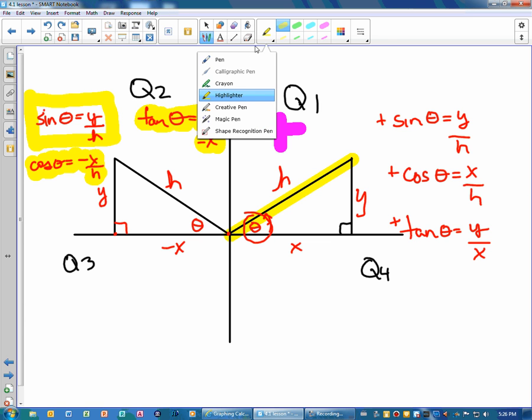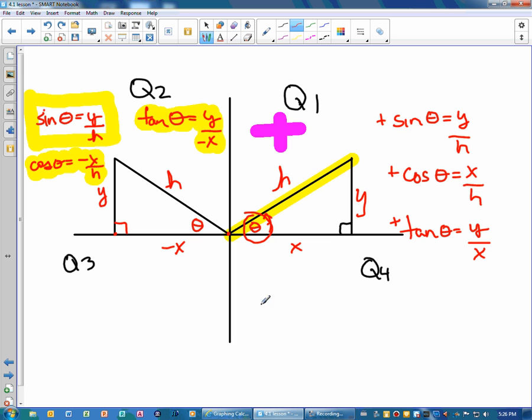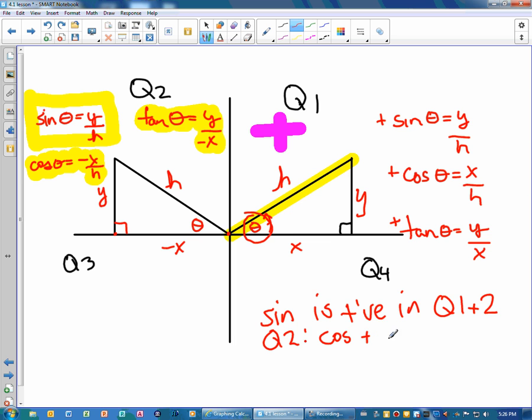So what's important to know here is that sine is positive in quadrant 1 and 2, but in quadrant 2, cos and tan are negative.